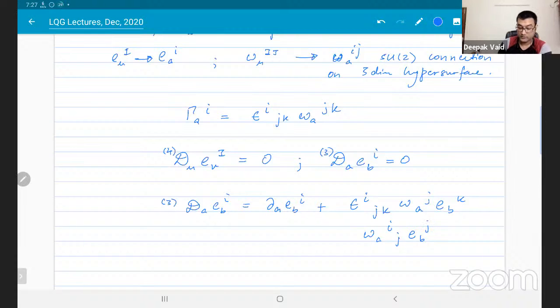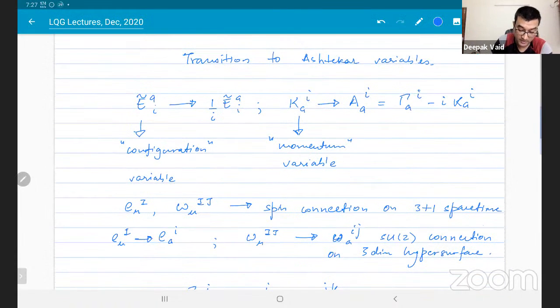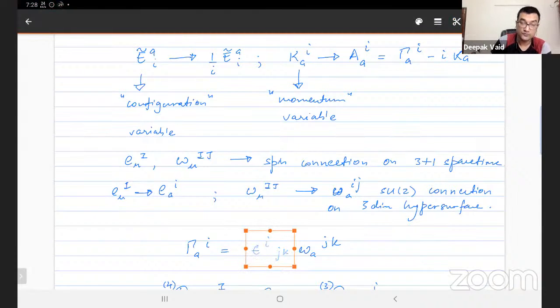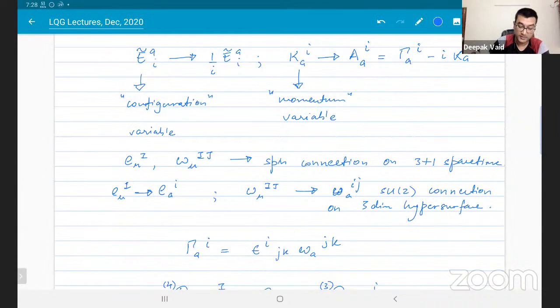It's understood that the epsilon is hiding in there somewhere. And this is 0. So that's what this omega is. And this gamma is just the dual of this omega, dual with respect to this antisymmetric tensor.